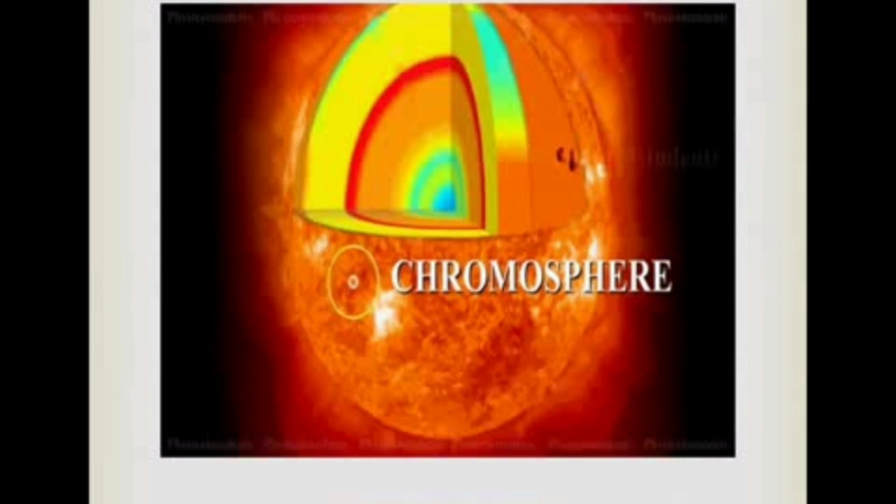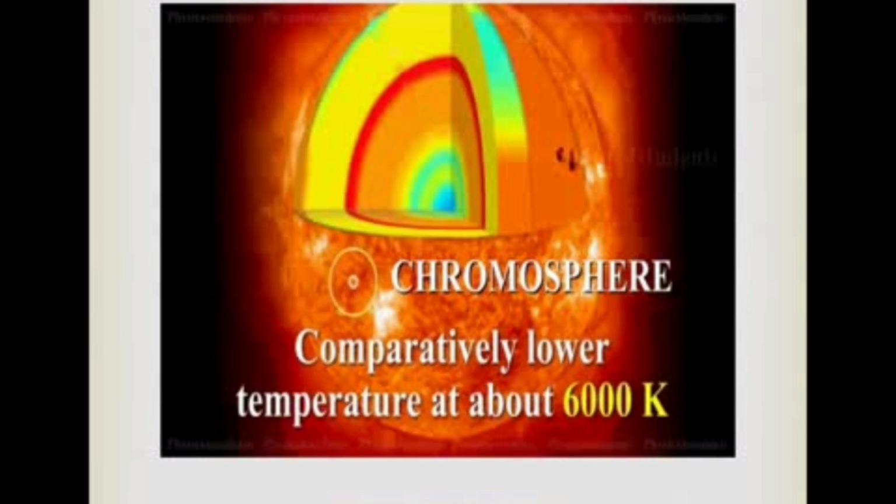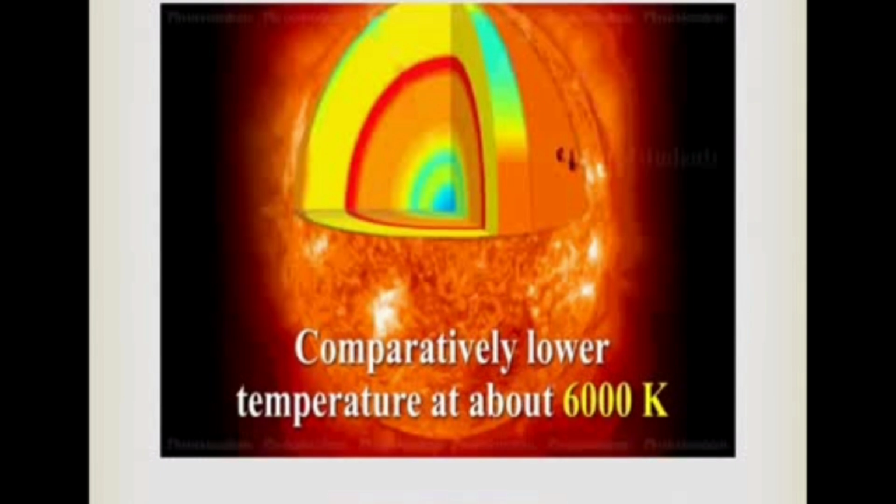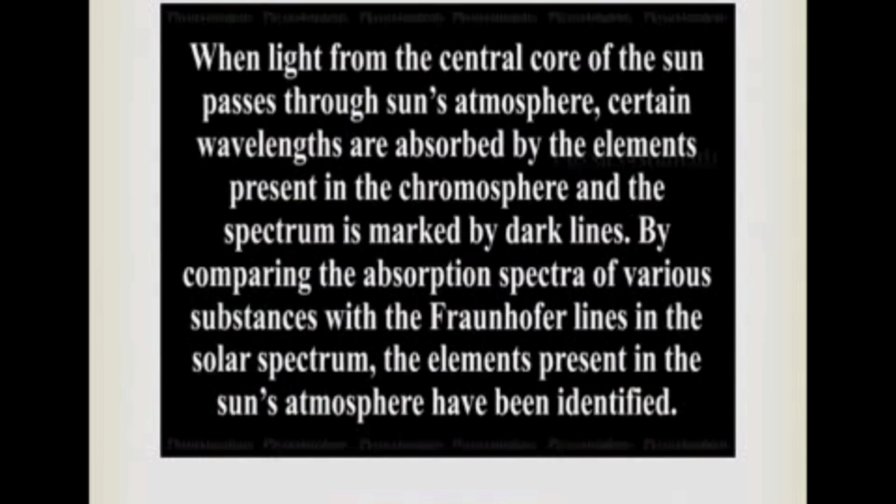Inside the sun, the chromosphere is comparatively at a very low temperature, around 60,000 Kelvin. So that comparatively cooler layer can absorb the continuous spectra. The elements present in the atmosphere of the sun absorb their wavelengths, so you obtain a large number of dark lines.